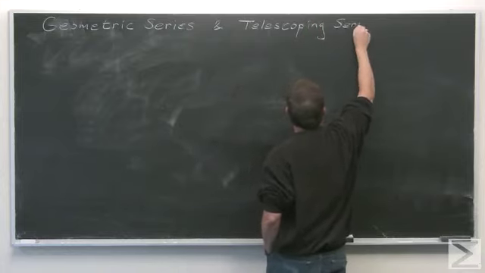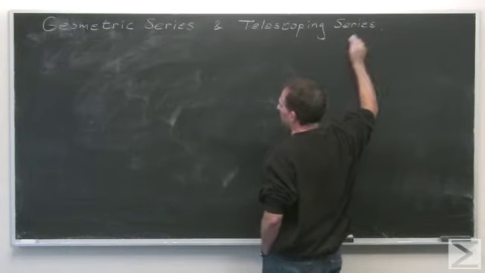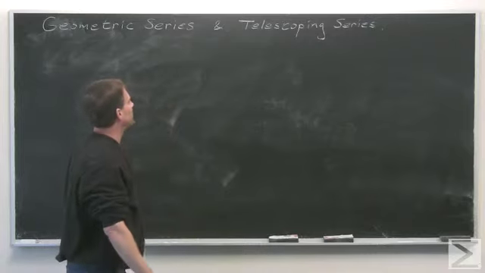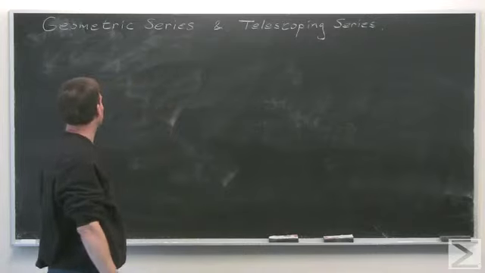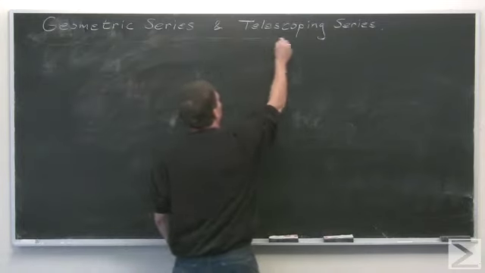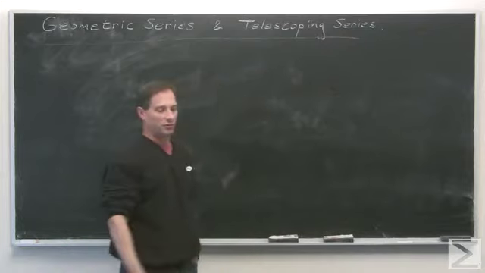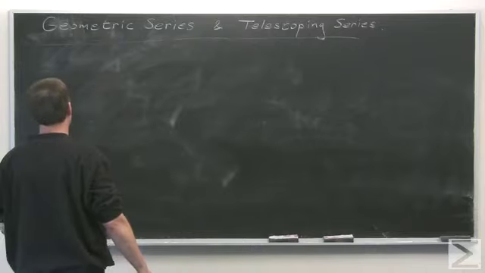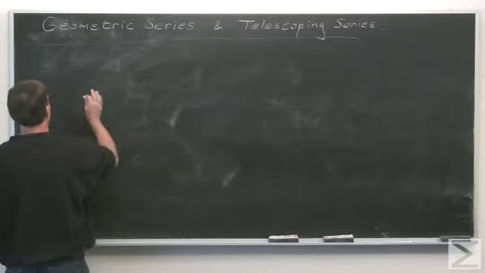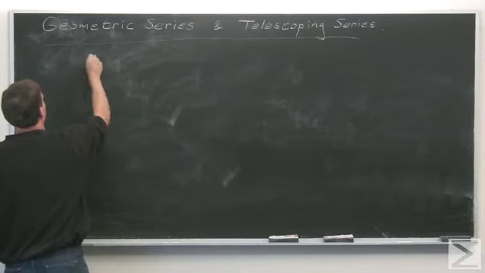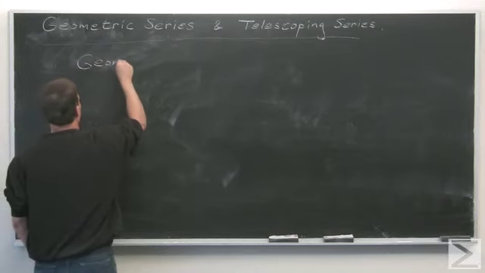You would think after you've said geometric that you should say telescopic. Strangely, nobody says that, so I'll say telescoping. But yeah, geometric series and telescoping series. These are the most manageable ones for us, but most series are not of this form. But let's look at these. So I remind you what a geometric series is. So let's look at geometric series first.